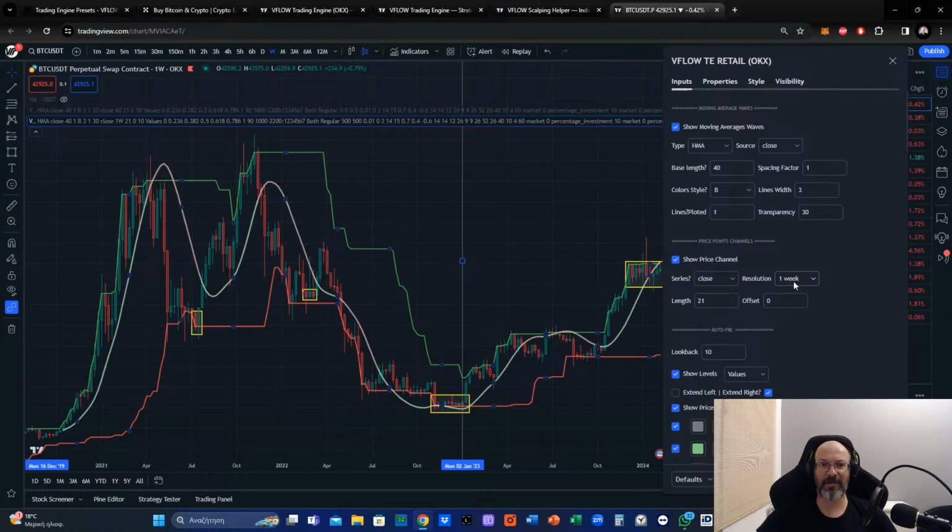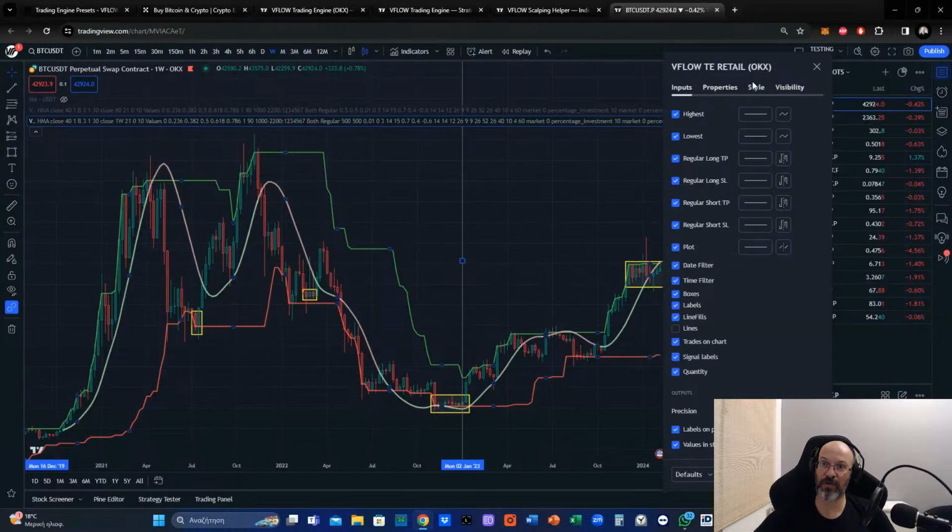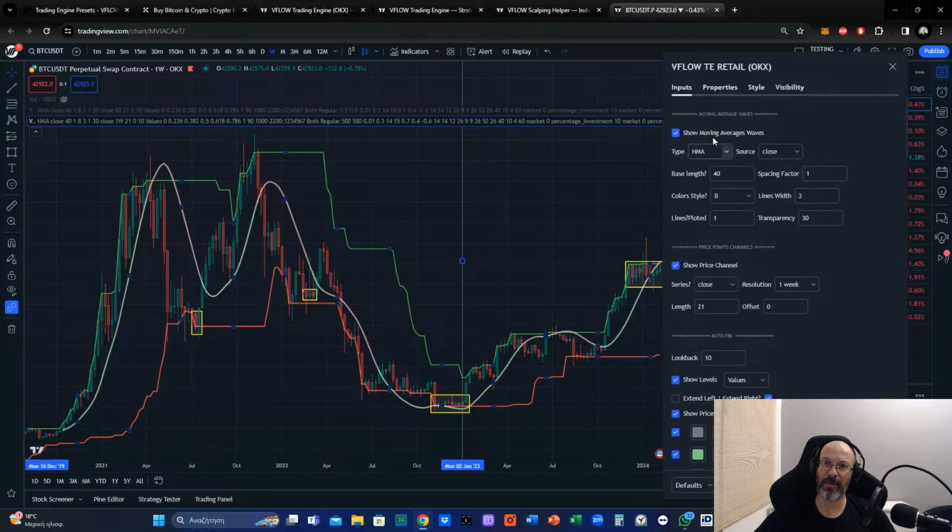So you can take the free 2 weeks trial for the trading engine. You can apply it to the chart, just change the resolution, just go here to style and make the highest and lowest lines bigger. And you don't have to do anything about the moving average line, which is already calibrated to work perfectly with any chart. Actually, we are using an HMA at a base length of 40.